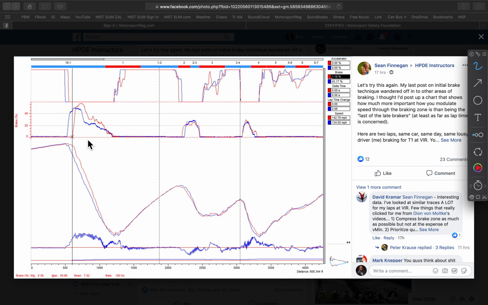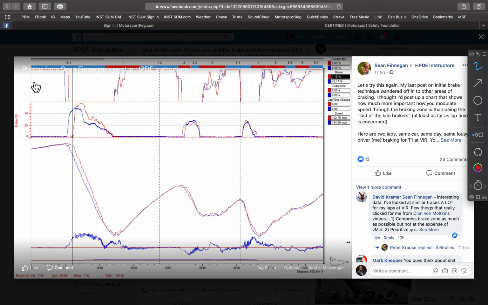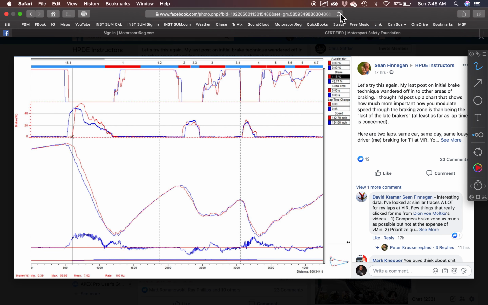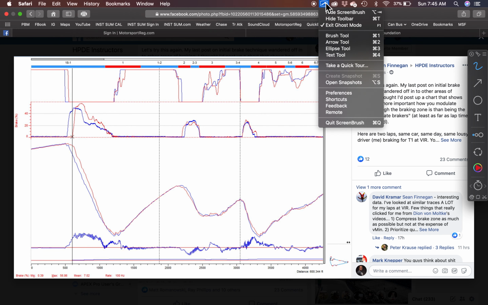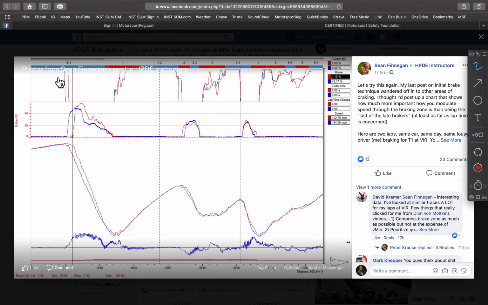The next thing I want to show you is a throttle trace. When you see a line that looks like this, and it's flat, and it's flat, think throttle.